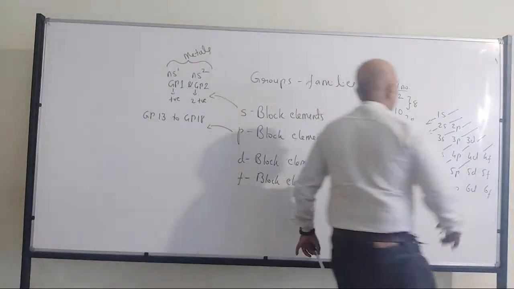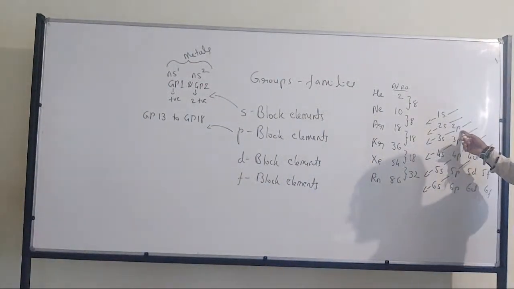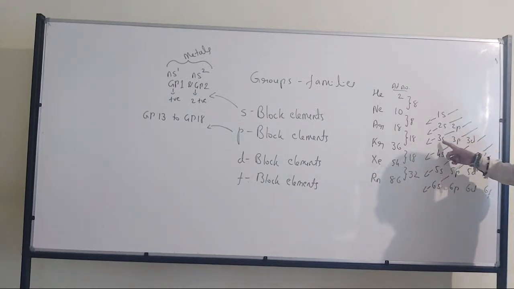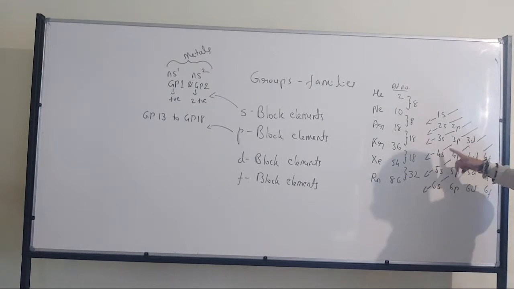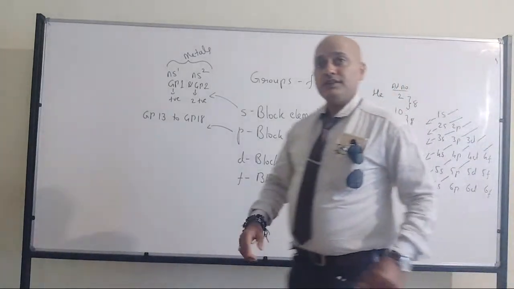Now, whenever I am talking about the P subshell, once 2s is filled up, it immediately goes for the P subshell. After 3s, immediately it goes for 3p. After 4s, immediately it goes for 4p, in their respective energy levels.